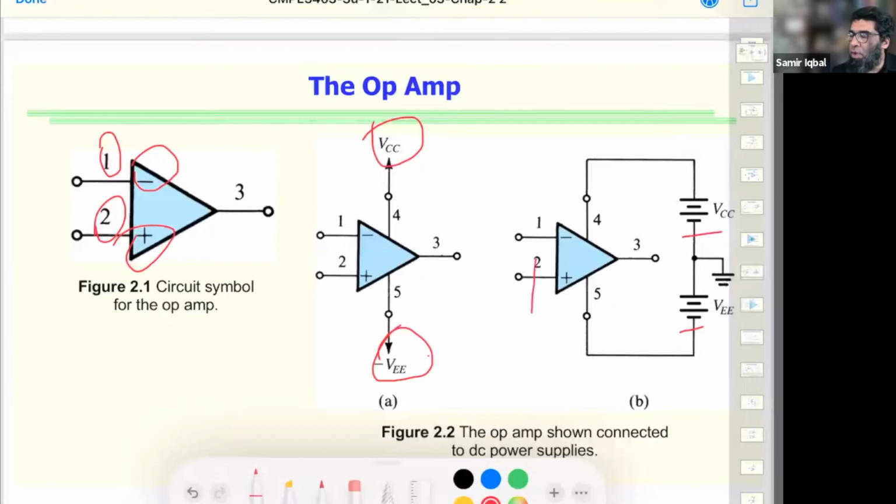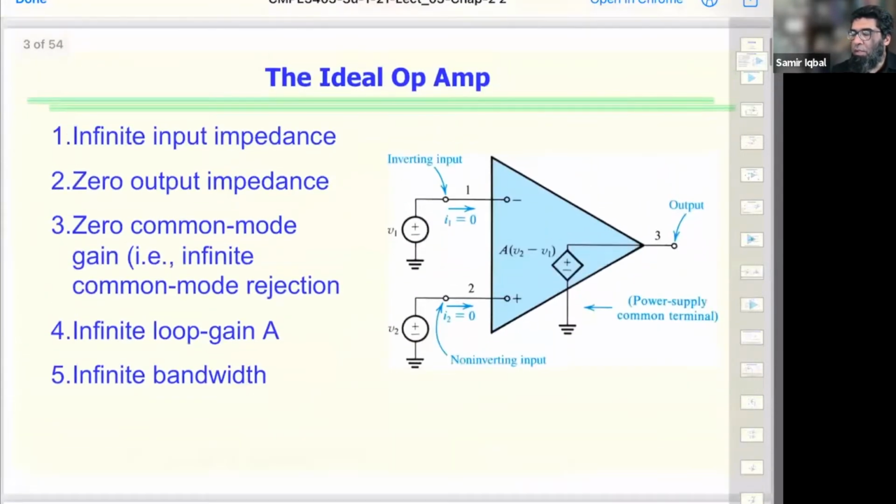We keep on going, and there are 2 more things. Common mode signal. When you say terminal 1 and terminal 2, if the same signal is fed in both of those, it would reject it. It does not amplify a common mode signal, a signal that appears the same on both terminals.